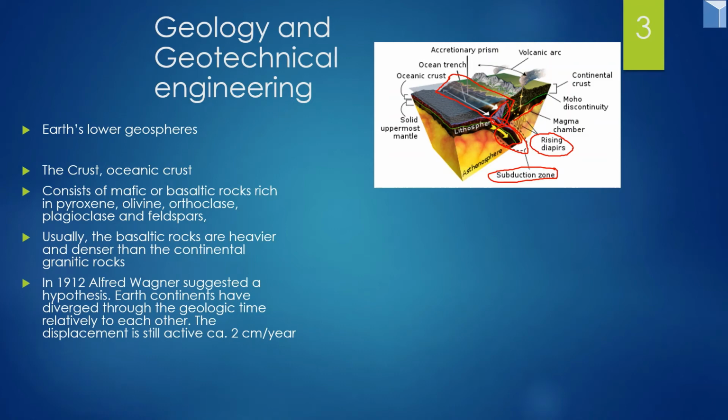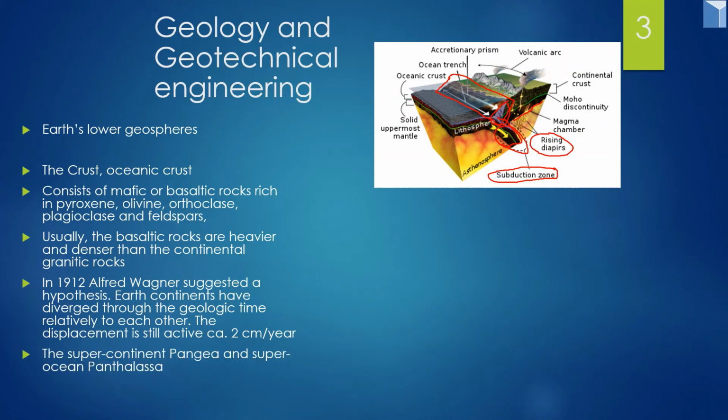These continents, of course, were created from the materials that came up through volcanic eruptions to the surface of the earth. The displacement between these continents has been measured to be active, and it is around 2 centimeters per year.